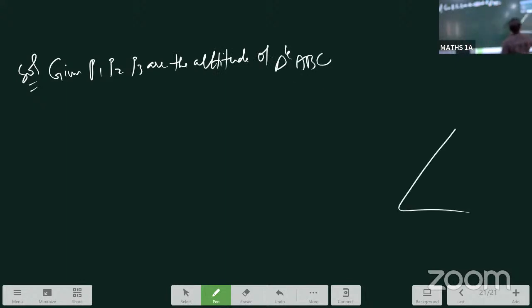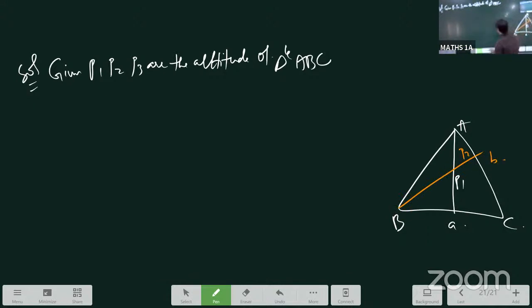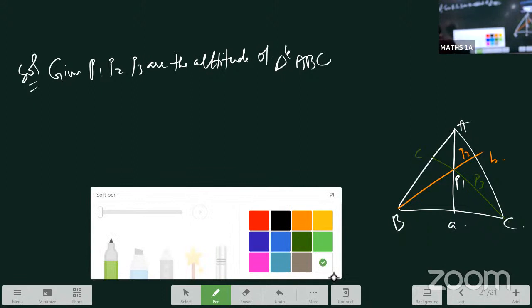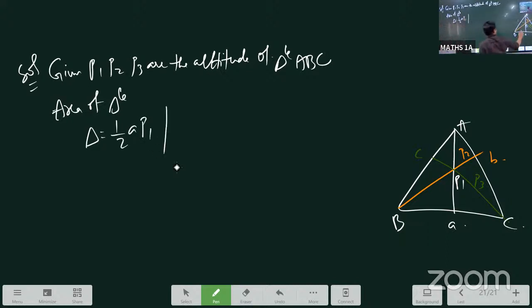Suppose this is A, B, C. This is your altitude P1 with opposite side base A. This is your altitude P2 with opposite base B, and this is your altitude P3 with opposite base C. Area of a triangle delta is equal to half base into height.